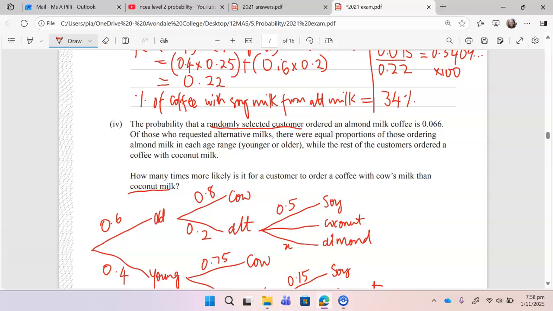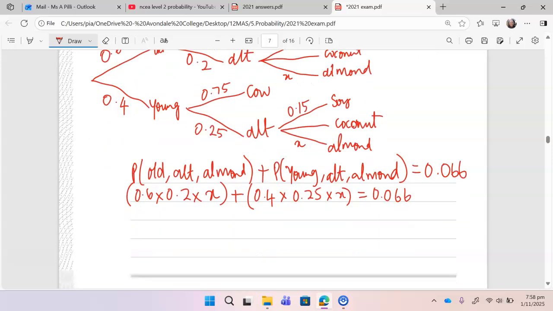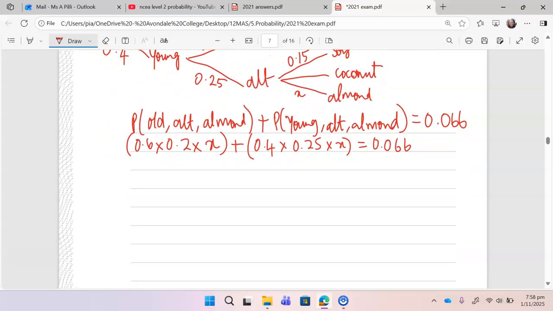Yeah, so the reason why I assume that both will be x is because they were equal proportions of almond. If they were different proportions, then I can't do this. I'll have to figure it out a different way. But the almond milk proportion was the same. So this gives us 0.12.